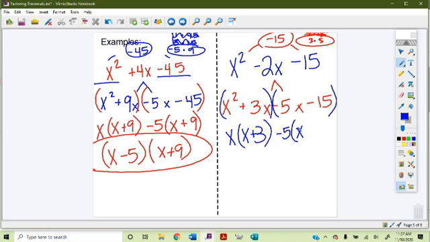I would be left with x and positive 3. Negative 5 times positive 3 would make negative 15. And so my answer is x minus 5 and x plus 3. So my outsides go here, my insides go here. You also could have flip-flopped that and put the insides first and the outsides second. Doesn't matter.